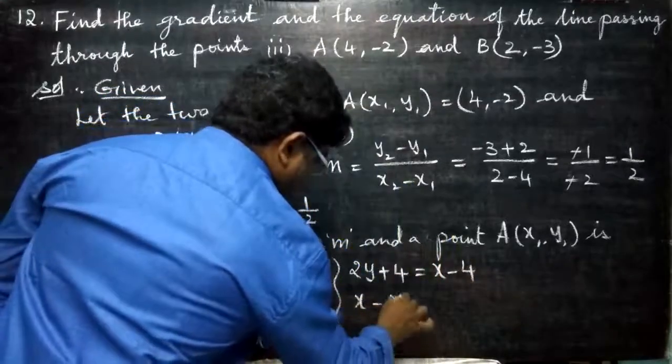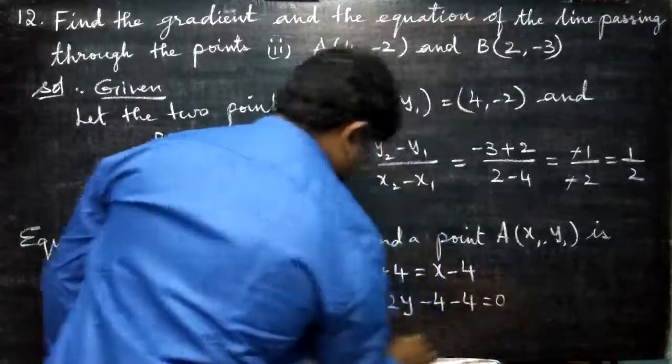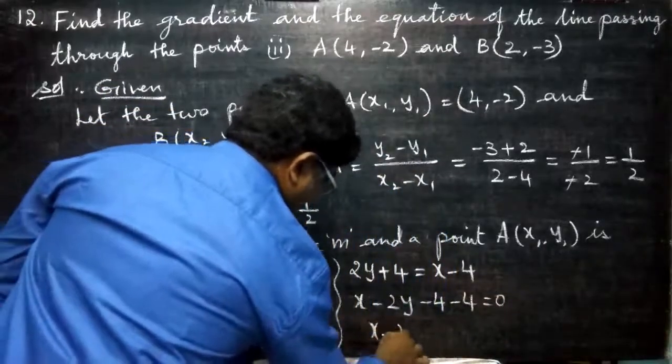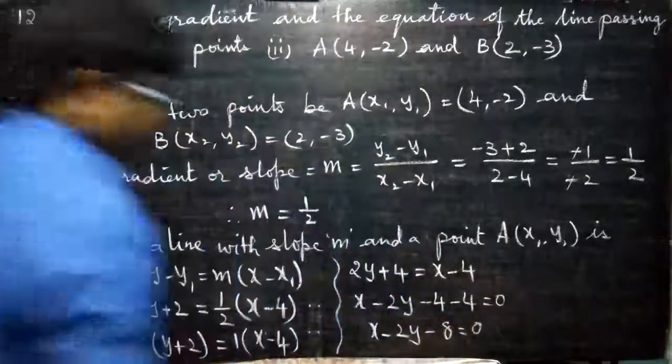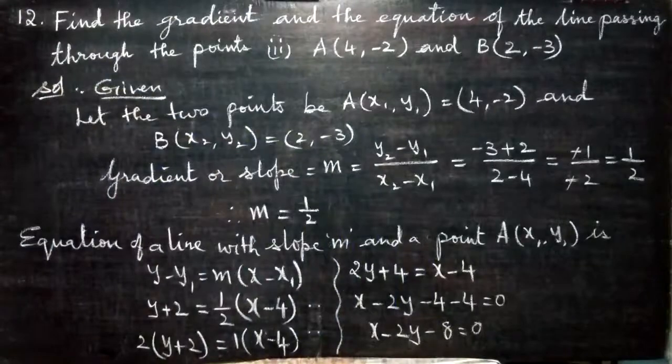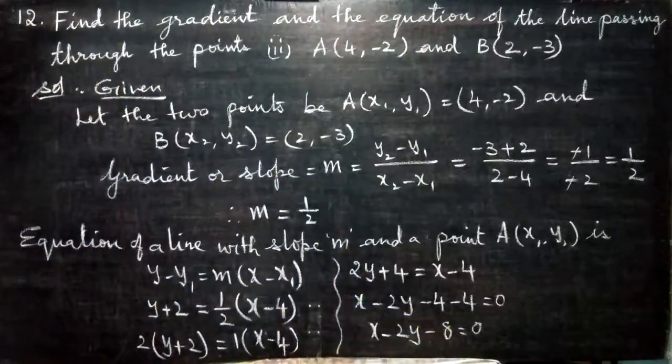X minus 2y minus 4 minus 4, that is x minus 2y minus 8 is equal to 0. Now what they told to find? They told to find the equation of a line. Now we got equation of a line. How much we got? X minus 2y minus 8 is equal to 0. Write that conclusion.